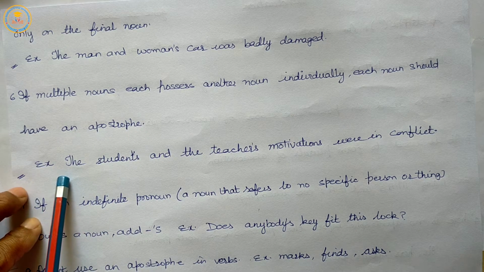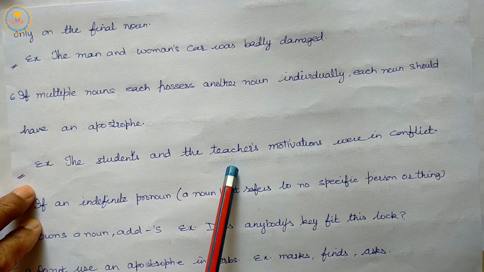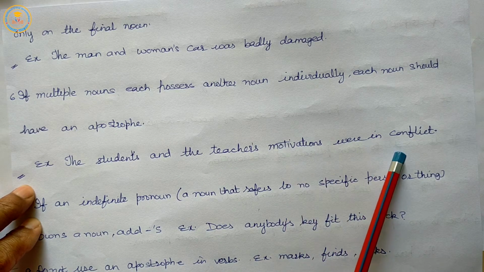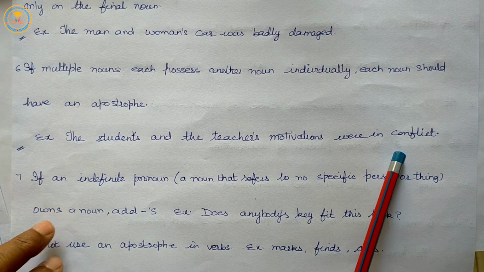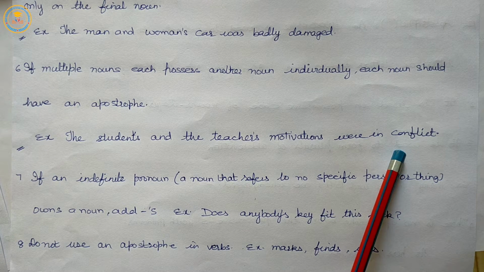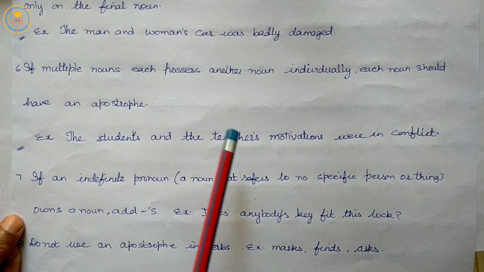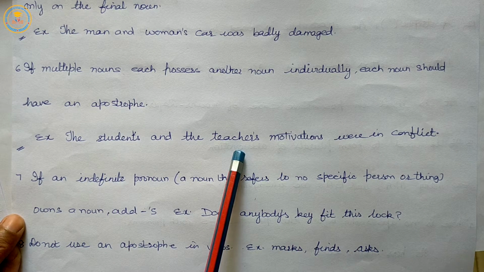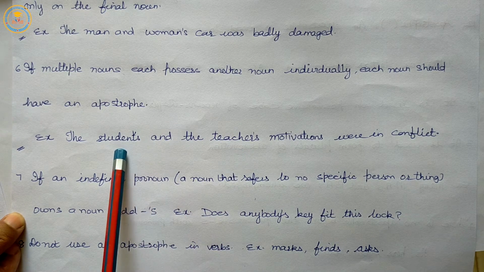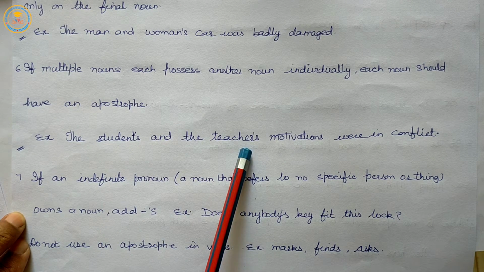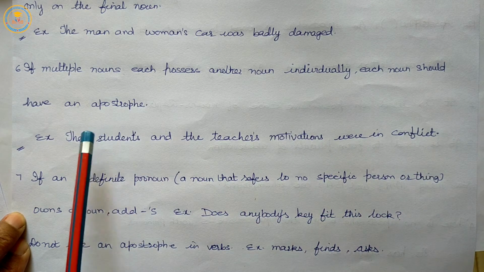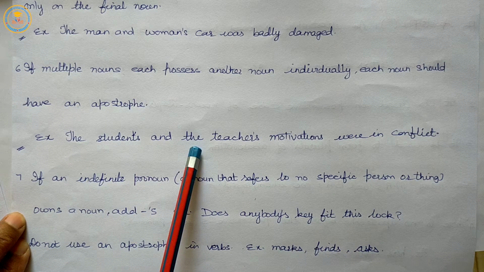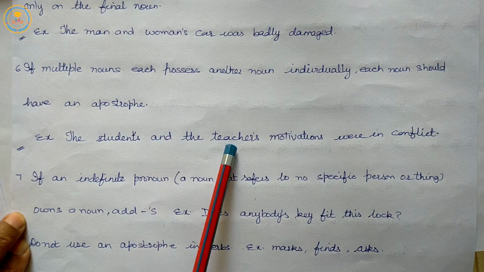Example, the students' and the teachers' motivations were in conflict. Here there are two separate motivations, students' and teachers', each owned by a different person, and we put an apostrophe on each.